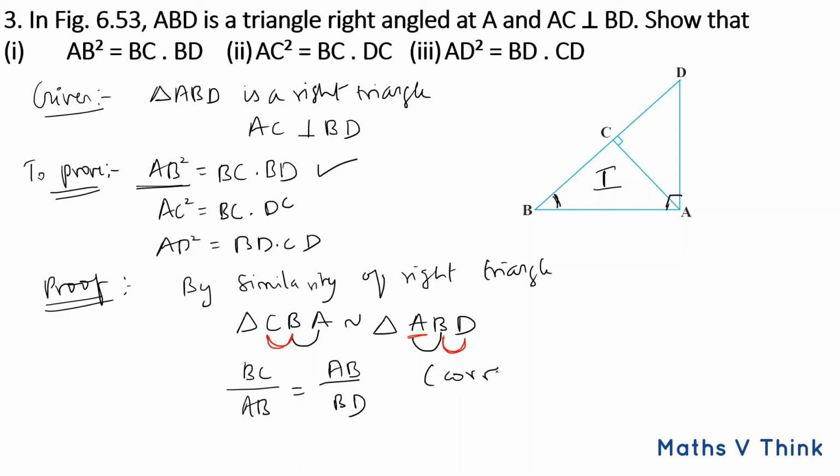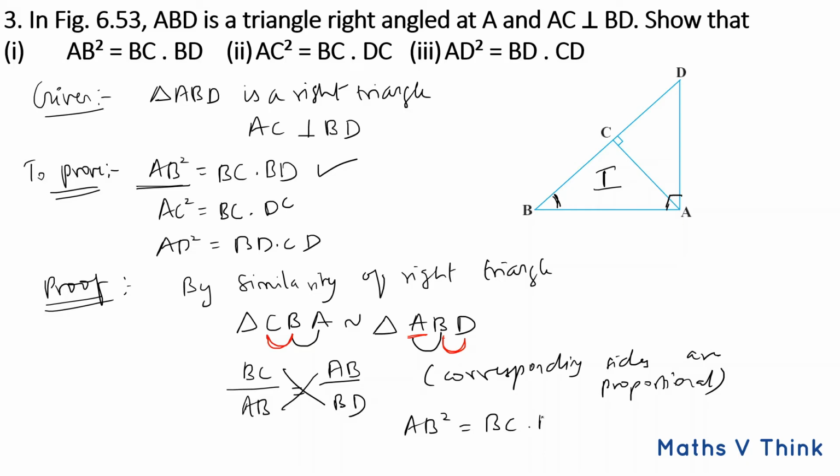The reason is corresponding sides are proportional. So cross multiplying I get AB square is equal to BC into BD. So we wanted to prove AB square is equal to BC into BD, so hence proved.